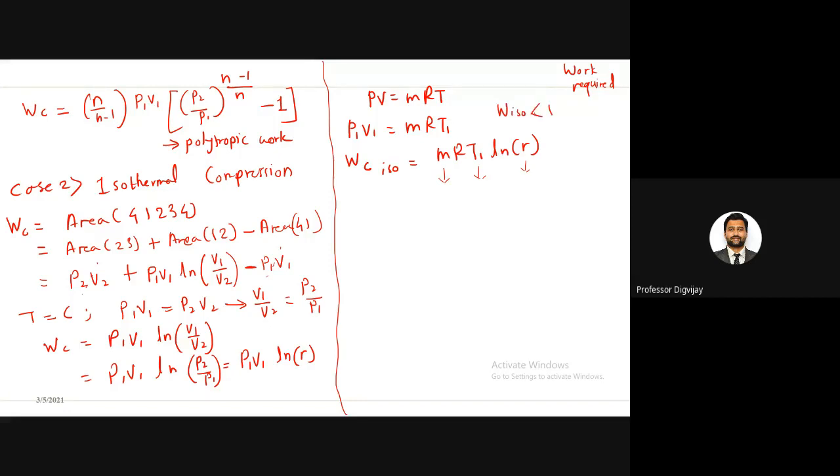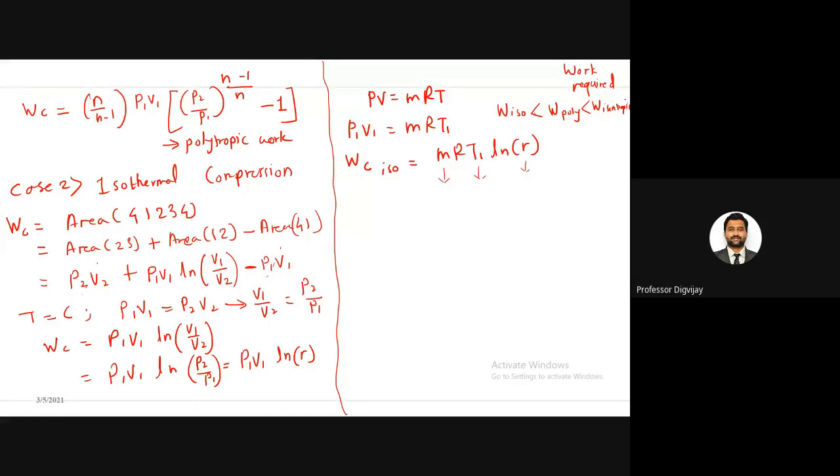It is followed by the work required in a polytropic process, and then maximum work is required in the case of isentropic compression. That is the beauty of isothermal compression: minimum work is required.